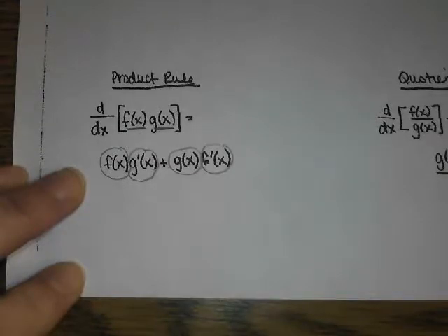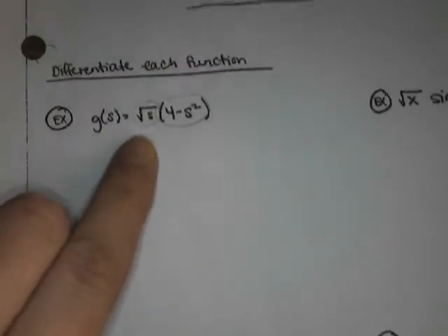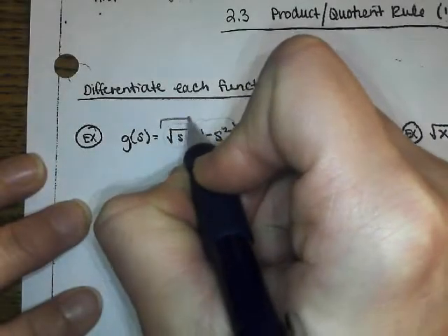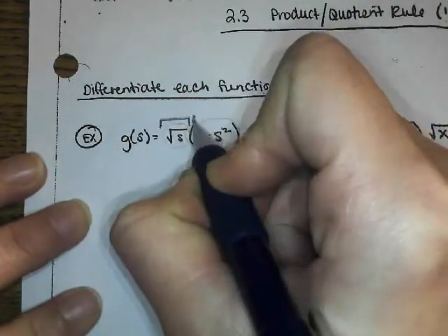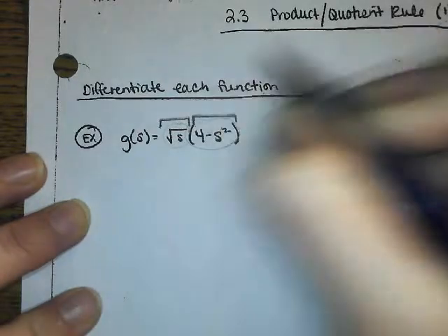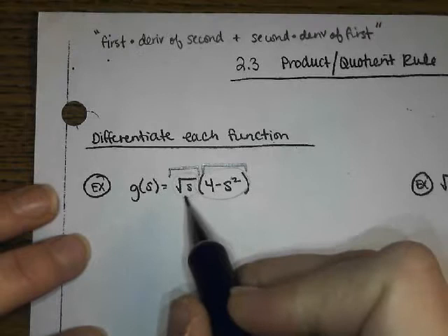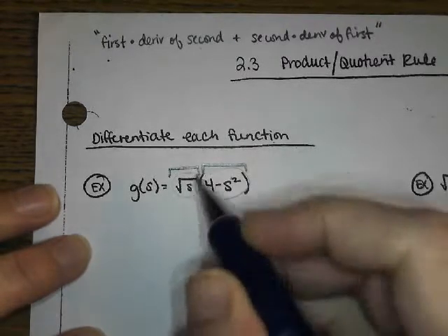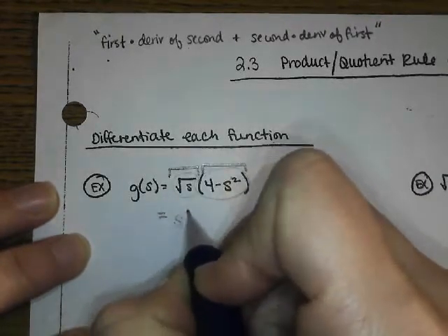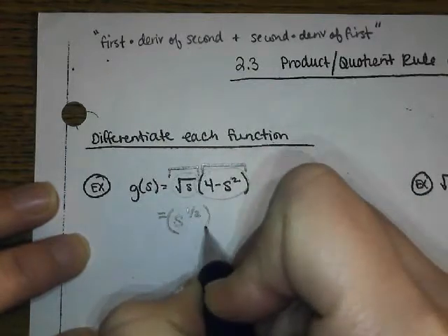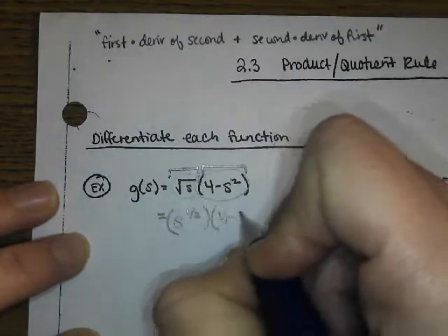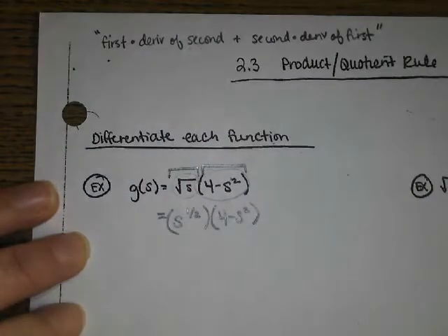Does that make sense? Okay, so our two functions here, this would be our first, and this would be our second. Now, if you want to, because you know you're going to eventually have to take the derivative of either piece, you can rewrite this, if it's more helpful to you, as s to the 1/2 times 4 minus s squared.